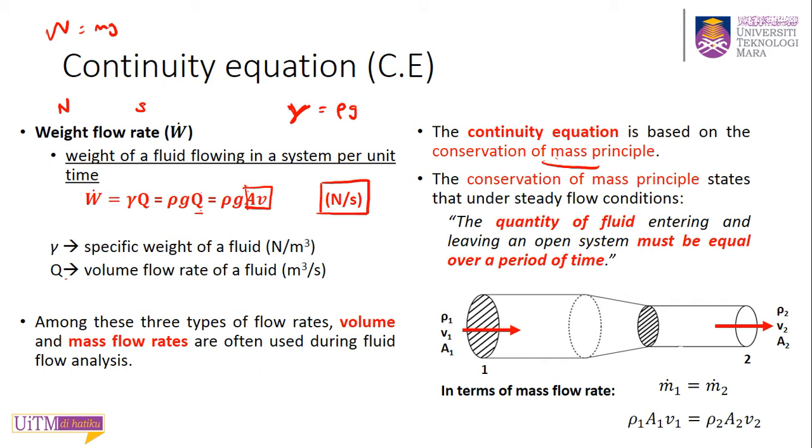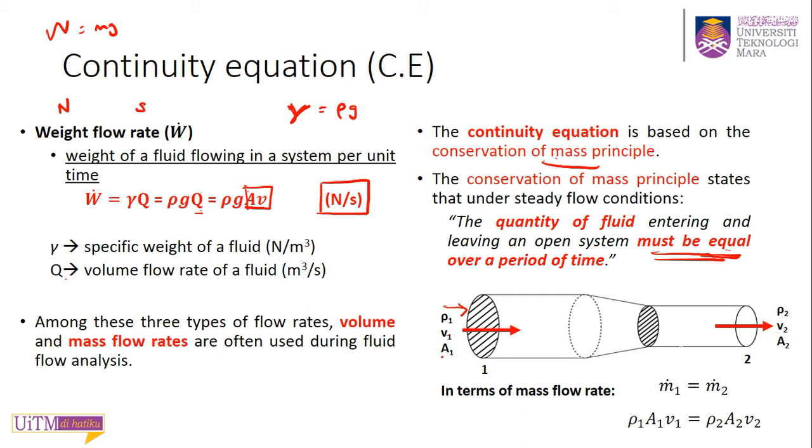So the conservation of mass states that under steady flow condition, the quantity of fluid entering, let's say entering here, and leaving an open system must be equal over a period of time. This is the keyword: must be equal.